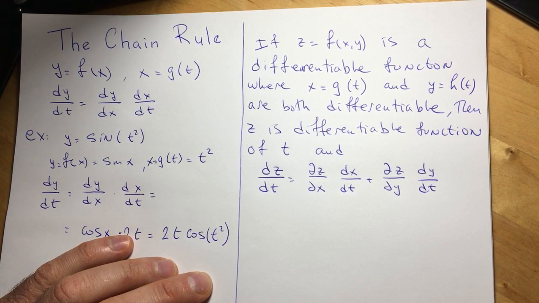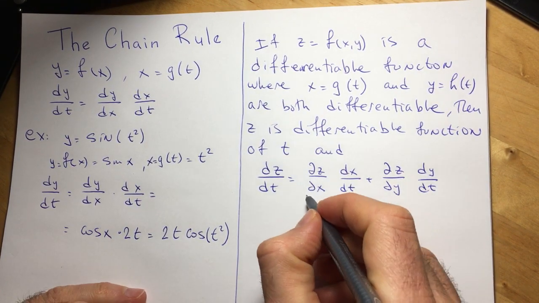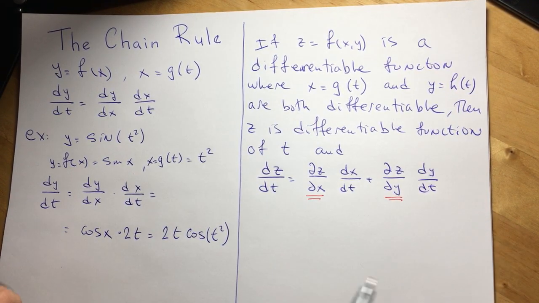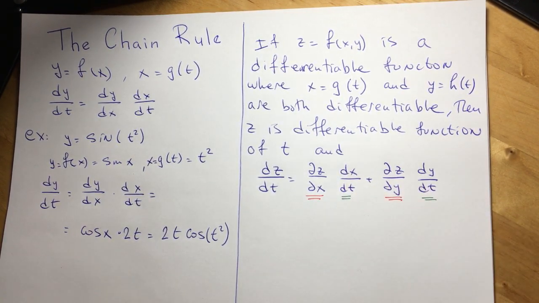And here maybe right away you can notice that in some places I use this curly d, and here I use the d with which we denote just a normal derivative.